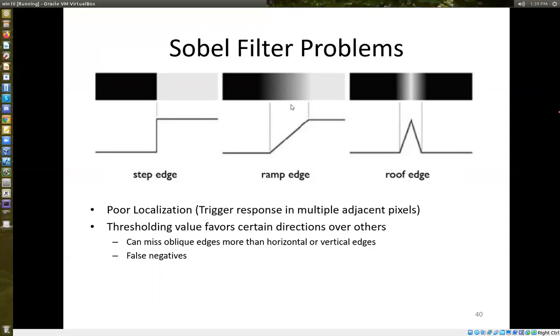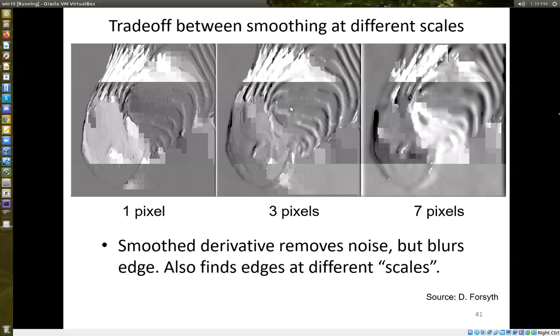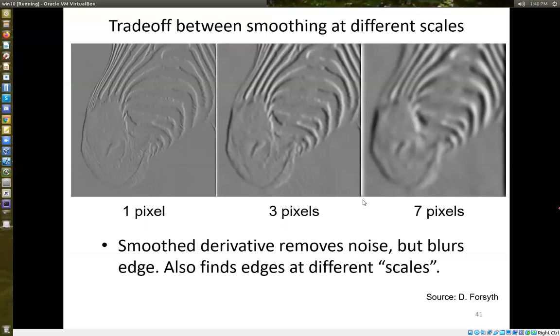It depends on what you're expecting. You can control or tune it a little bit by adjusting the smoothing effect. For example, if the image is quite noisy, you can apply a stronger filter or stronger smoothing.